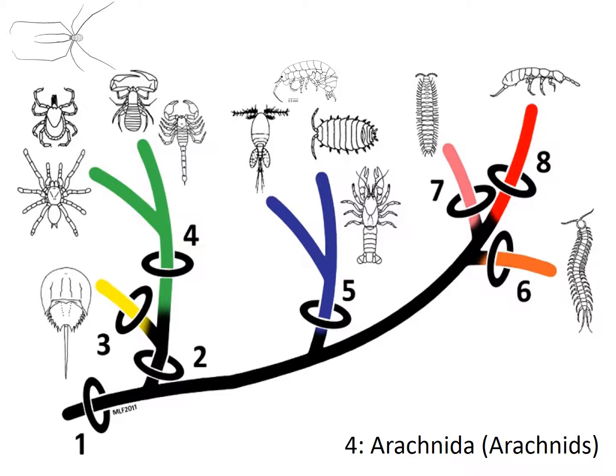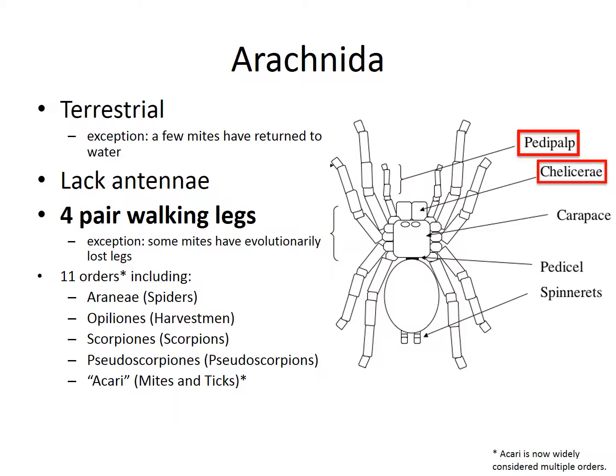So we're going to move on to the next group, which is currently more diverse than the Xiphoceirans, which is Arachnida, or arachnids. And this is pictured at ring number 4 here, or the green section of this tree, and all these various groups up above in the upper left-hand corner. Arachnids are, for the most part, a group of terrestrial animals.